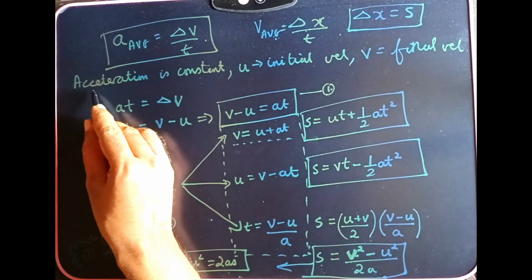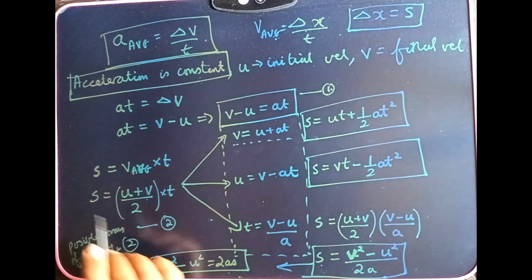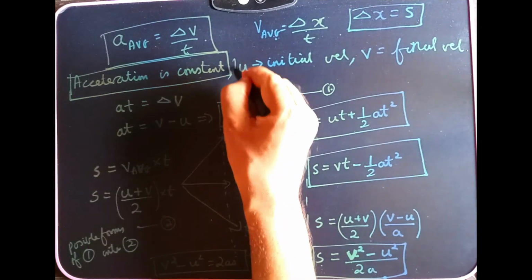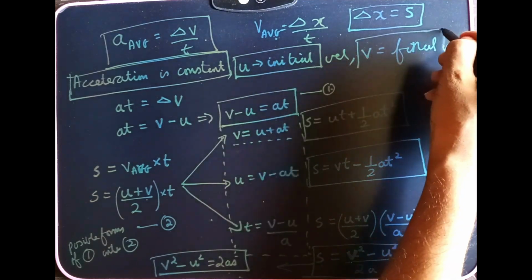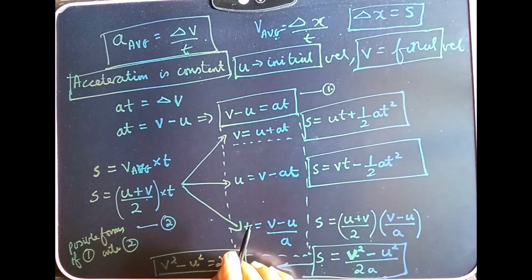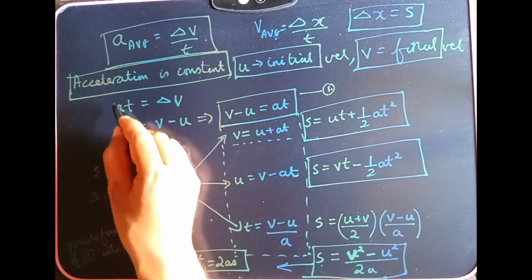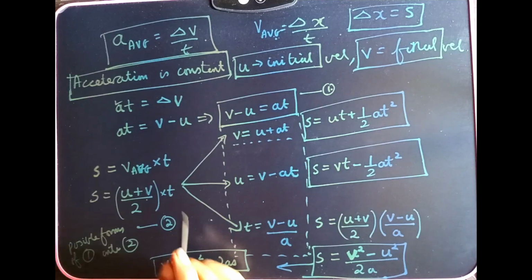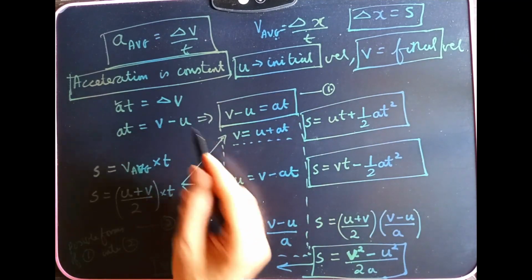So when we keep acceleration constant and we assume u is the initial velocity and v is the final velocity, then we can write that change in velocity is equal to at, because a is constant. Change in velocity is final minus initial, v minus u.